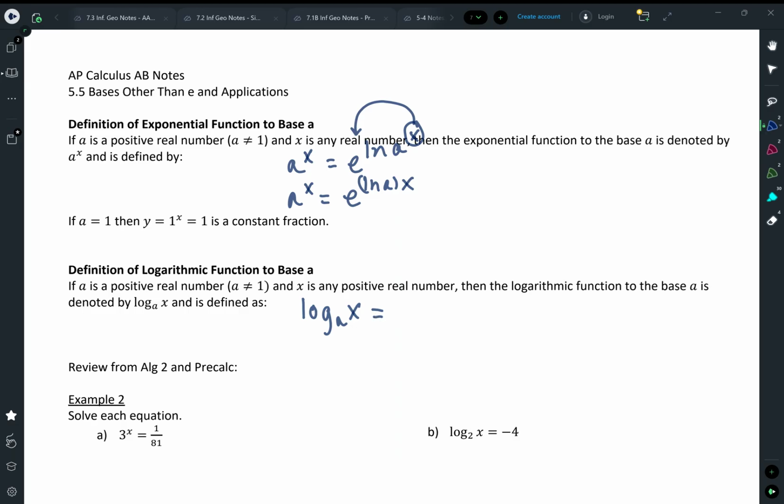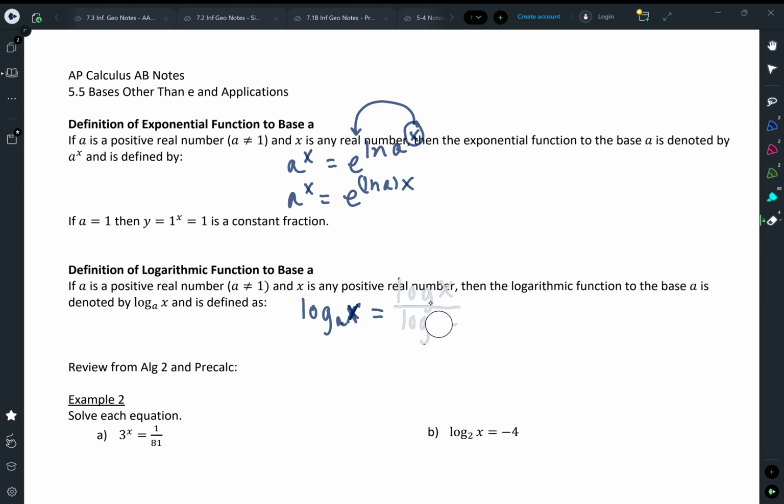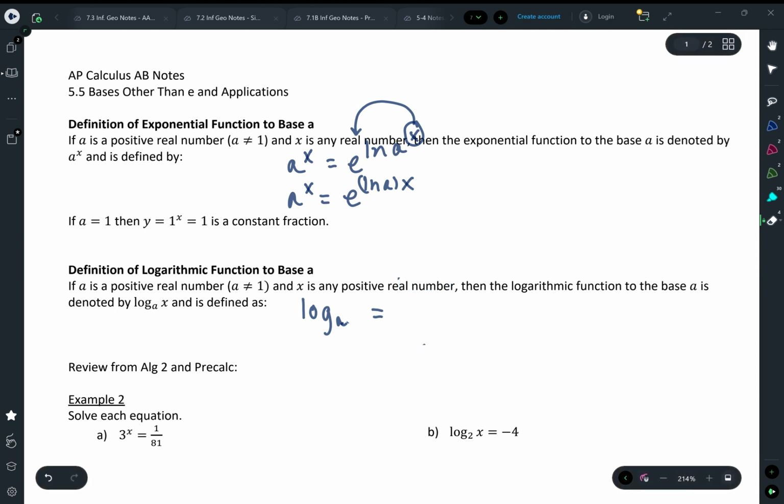So let's remember back to Algebra 2 and pre-calc where we did change of base. We always said you can make it into whatever log you want, but it's going to be log base whatever you want of the big number over log of the little number, which was a. But because we really like natural logs, we're not going to do this with base 10 like we did a lot before. We're going to do this with natural log because natural logs are super easy.